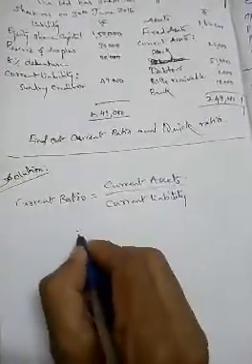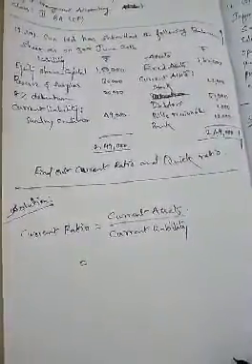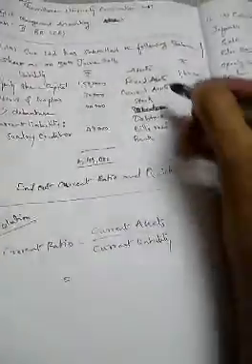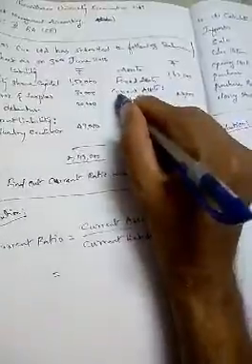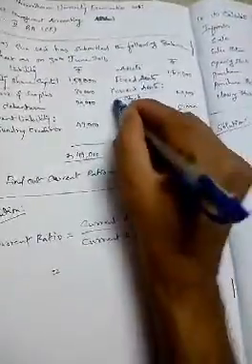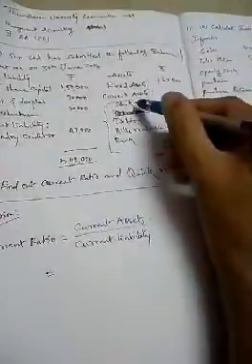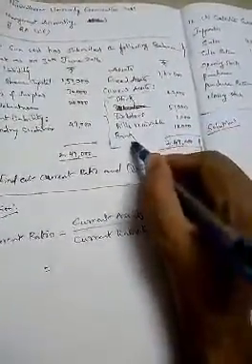So in the given question, what are the current assets? Here on the asset side we can go through. In the question itself they have given current assets: stock, debtor, bills receivable and bank.